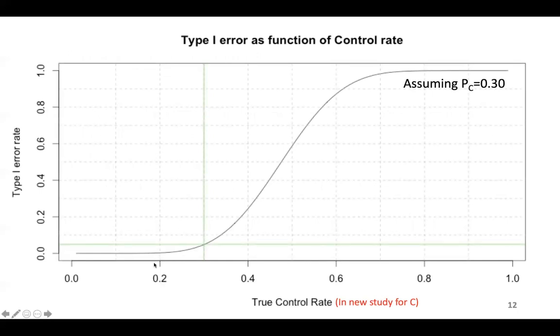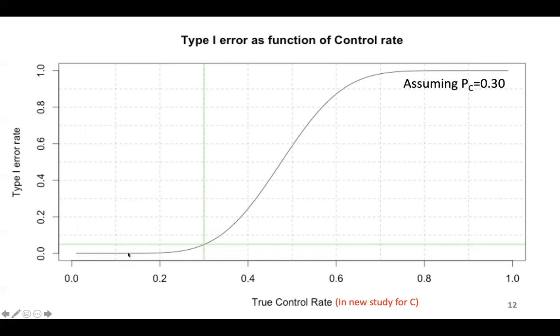The x-axis on this graph is the rate that control would have in the new trial. We know historically it was 30%, but in the new trial, what rate will control have? It might be that it's exactly this 30% rate. That's all well and good, and things haven't changed in our new trial or over time.